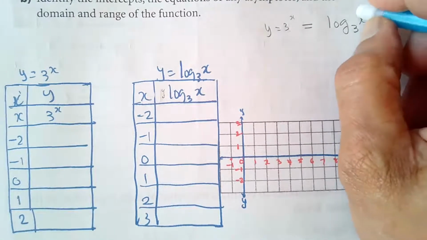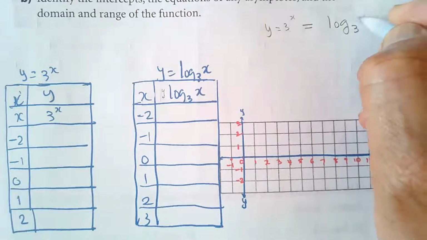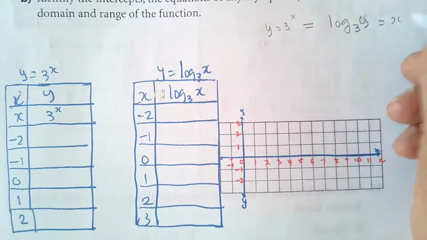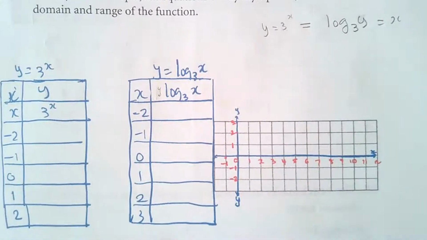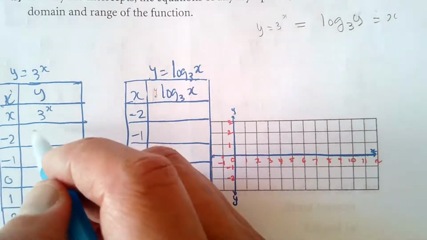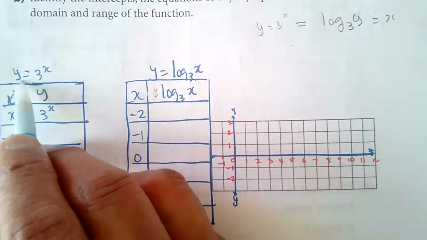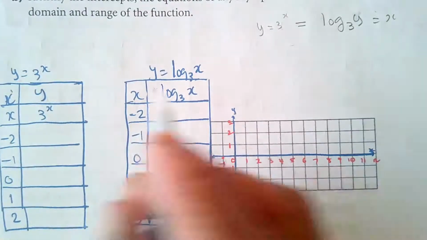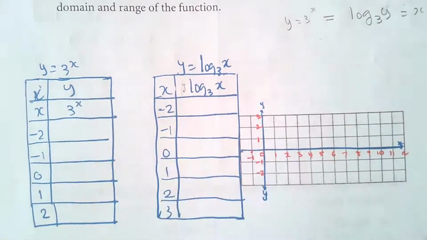In this case it would be y equals x, using that principle. So the inverse. Now, they are equal, but I'm going to use the inverse now with y equals 3 to the power x. Okay, let's graph y equals 3 to the power x.